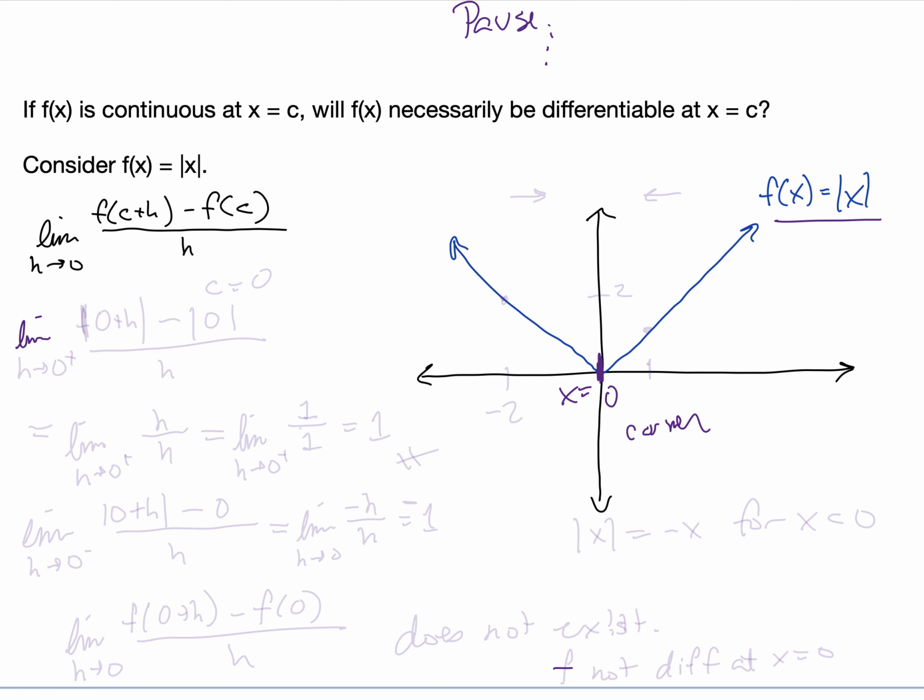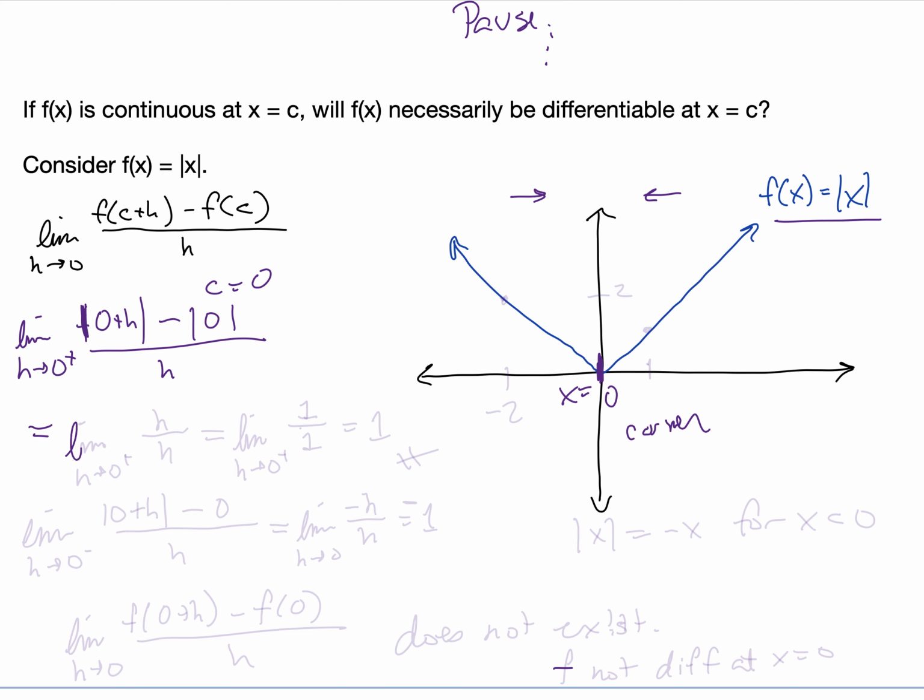So the limit as h goes to 0, here c is equal to 0, of f of 0 plus h, f of it is just absolute value of it, minus absolute value of 0, all divided by h. And so the issue is that as we approach from the right-hand side versus the left-hand side, we'll get a different limit.